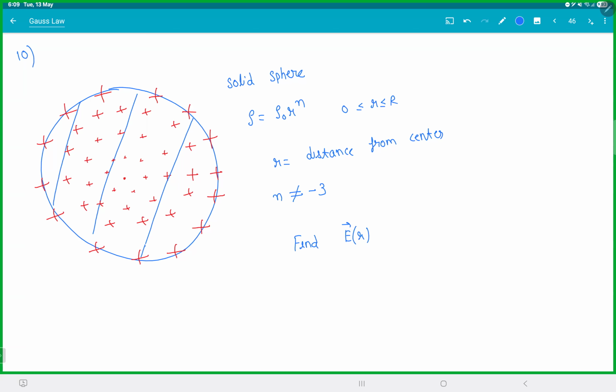Find outside also. So how do we consider a Gaussian surface for this? Rho r by n plus 1, n minus 3.